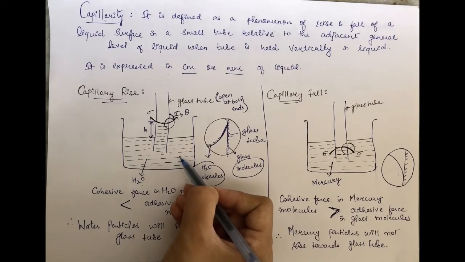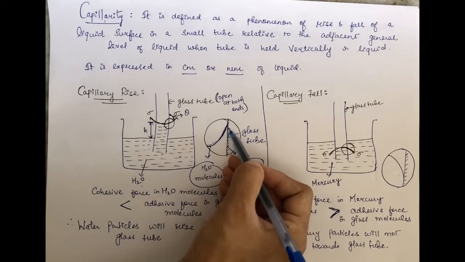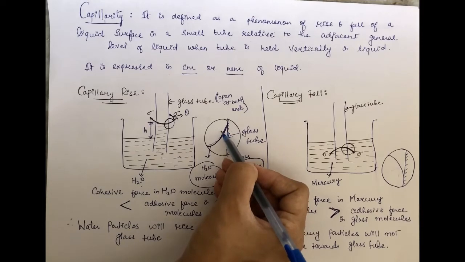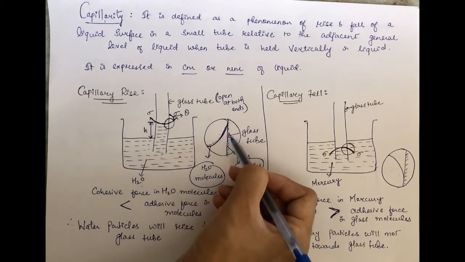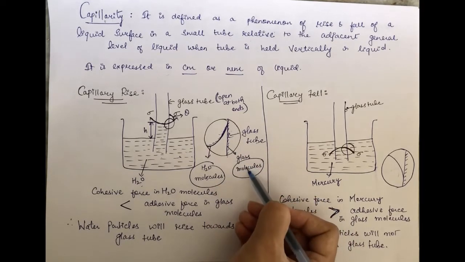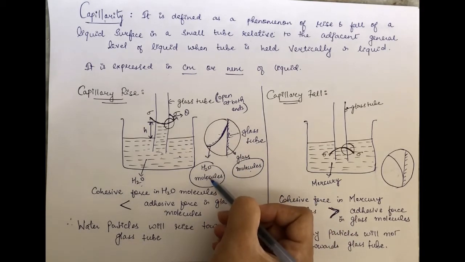It will be cohesive force, because the intermolecular attraction is between molecules of the same fluid. At the interface, where the H2O molecules come in contact with the glass molecules, it will be adhesive force, the force of attraction acting between molecules of two different fluids.